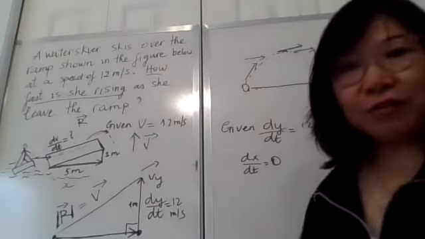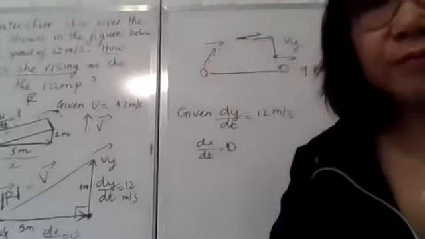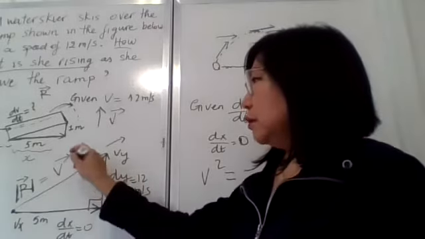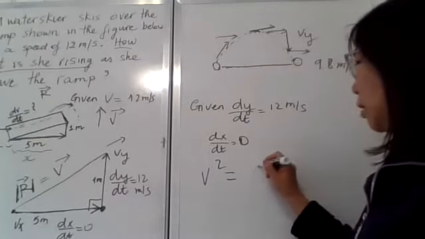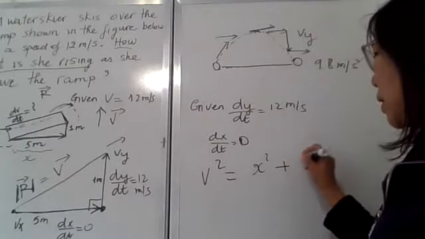So let's establish our velocity function to solve this problem. The velocity function will be v squared. This is the resultant vector. So v squared, we use the Pythagorean theorem, equals x squared plus y squared.